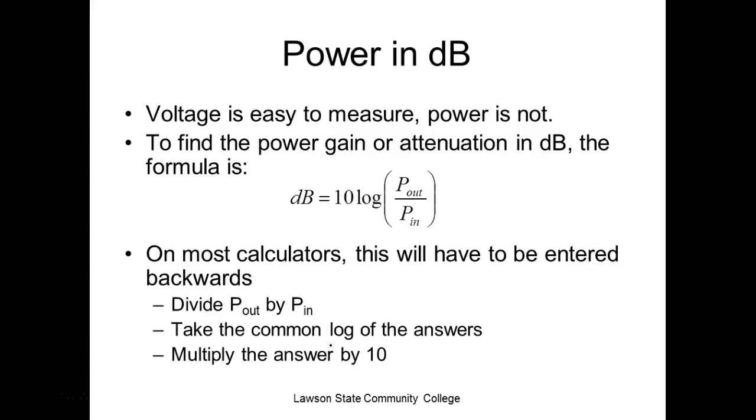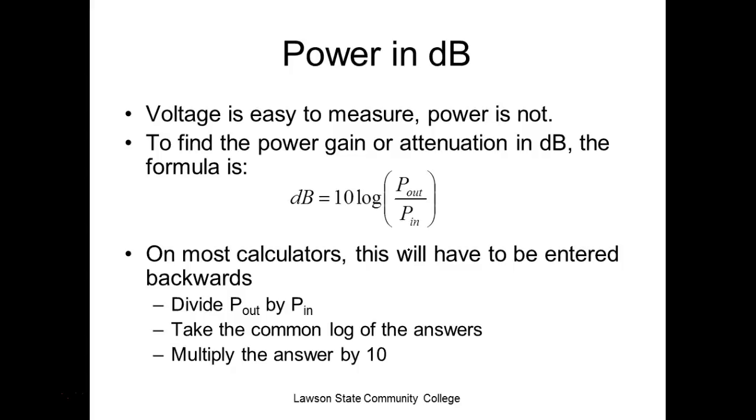Now, when we do it according to logs, we're interested in power. But remember, voltage varies with the square. So dB would be 10 times the log of power. This is the formula. On a standard calculator, you have to enter this backwards. If you've got a formula with parentheses, you have to work backwards.